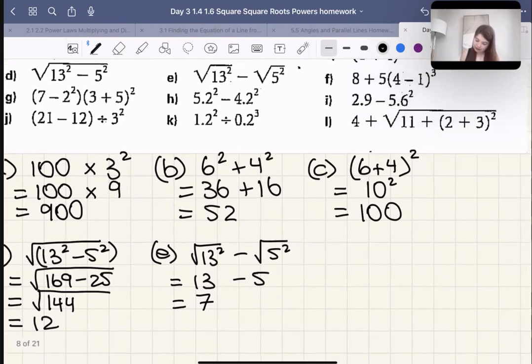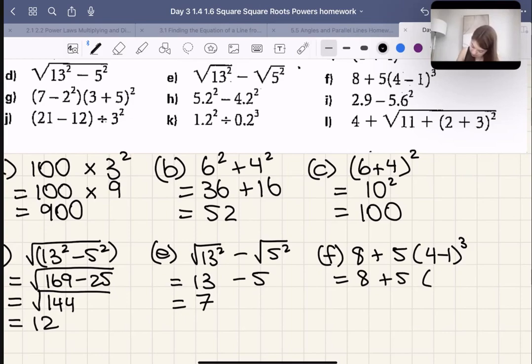All right, let's do F. Actually, we have time to do the rest of them. Let's do all of them. F, we have 8 plus 5 times 4 minus 1 cubed. So are there any brackets? Yes, 4 minus 1 is in brackets, so let's evaluate that. Are there any exponents? Yes, 3 cubed is an exponent.